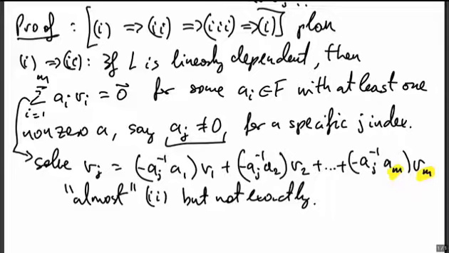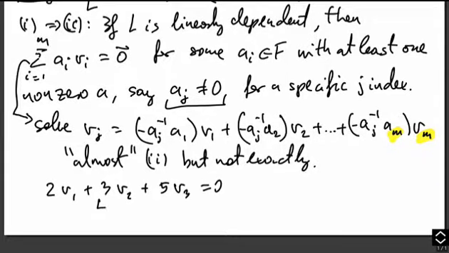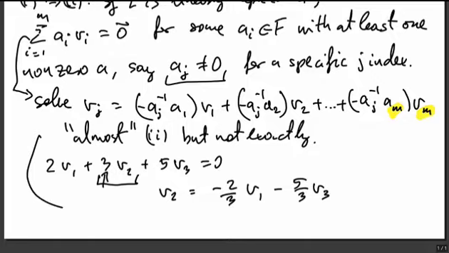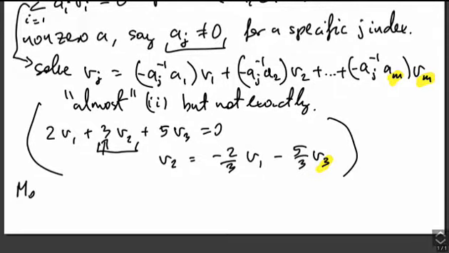For example, if you have 2v1 plus 3v2 plus 5v3 equals 0, if this is not 0, then we can write that v2 is minus 2 over 3 v1 minus 5 over 3 v3 after dividing through with 3. But again, that's not what we're supposed to have. The index is not supposed to go up to a higher index than the j, that's what we want. So we have to modify this proof.